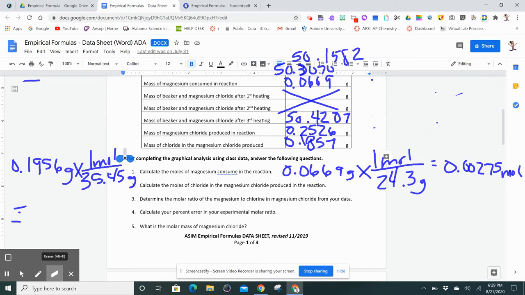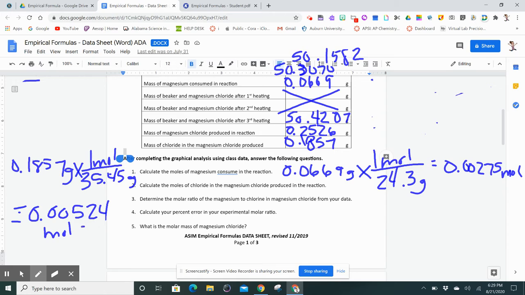Let me erase that. That should be 0.1857. So 0.1857 divided by 35.45 is 0.00524 moles of chloride.